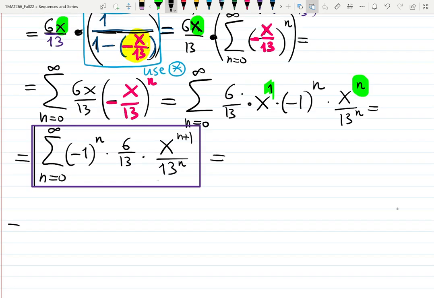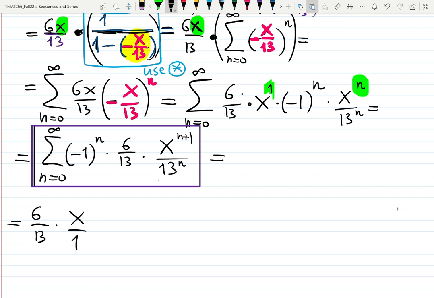So let's write down 5 terms. When n is 0, minus 1 to the 0 is 1. 6 over 13 stays. x stays over 1 because it's 13 to the 0. So it's 6 over 13 x. Is it correct? I wonder if it shifted to the minus 1.